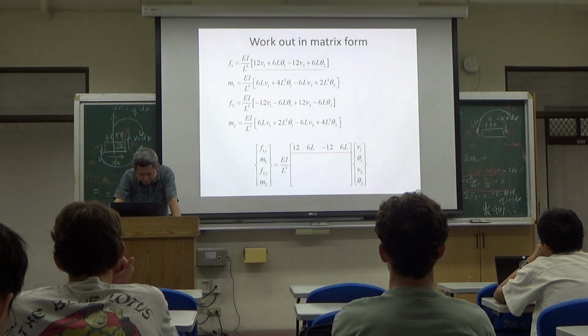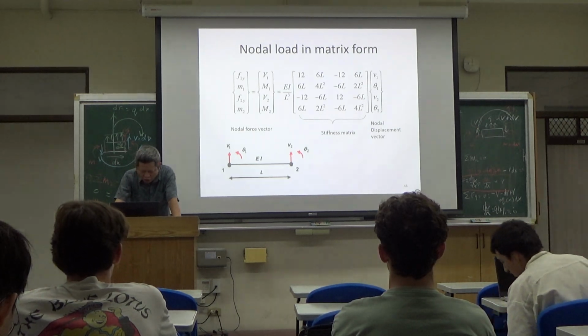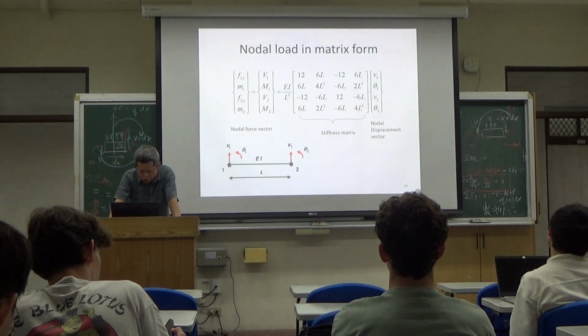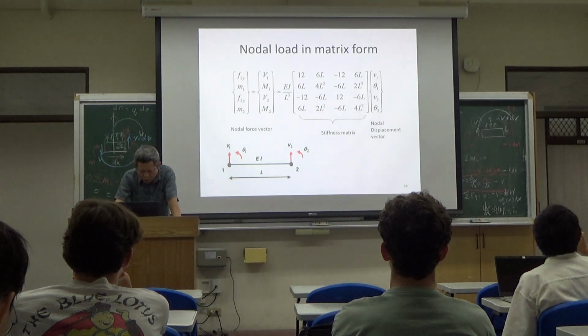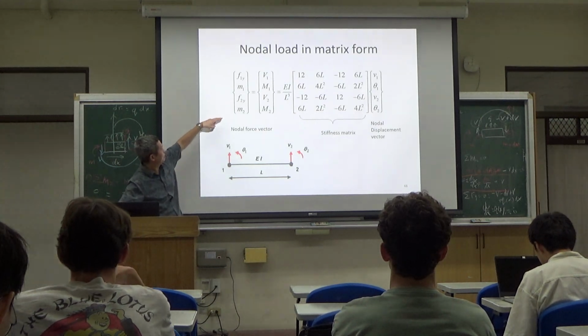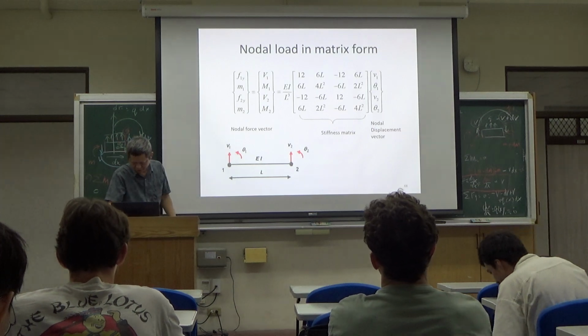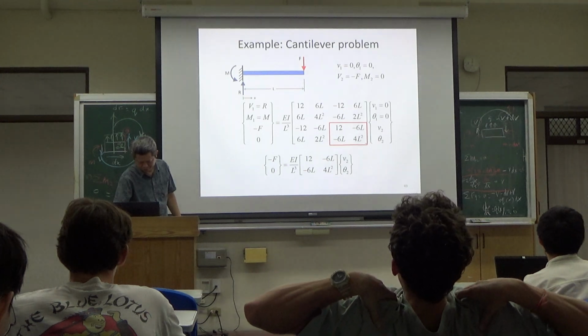Your entries 6, 6, 2, 2, they are actually symmetric along the diagonal line. 2, 2, that's right. These two rows don't sum to 0. Moment 1 and moment 2 don't sum to 0. They are the net moment when you are subjected to certain load.